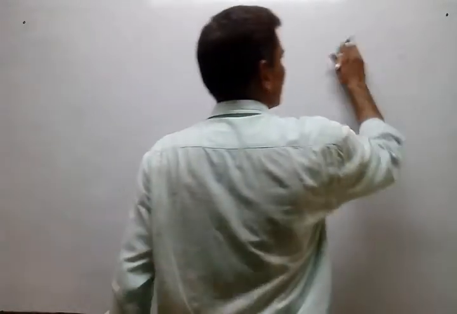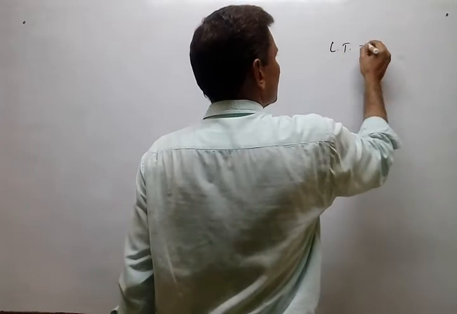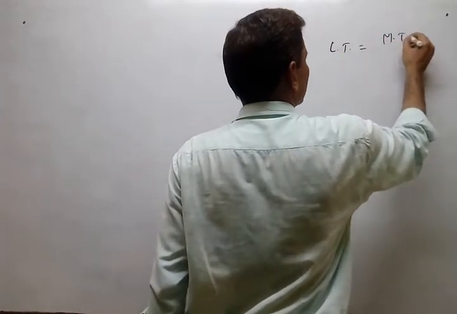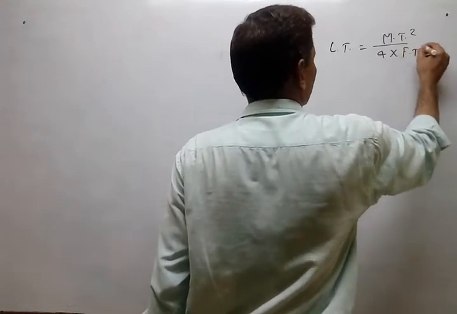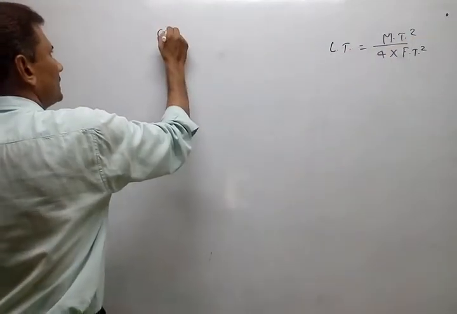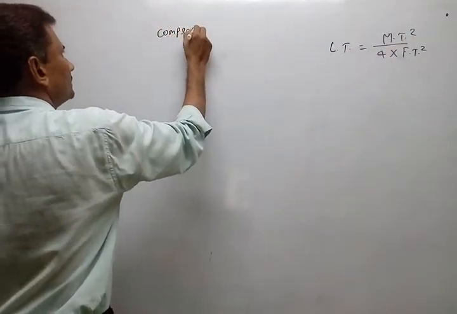Understand? So our first step is to find the last term. The formula for the last term is middle term square upon 4 into first term. This is for the completing square method.